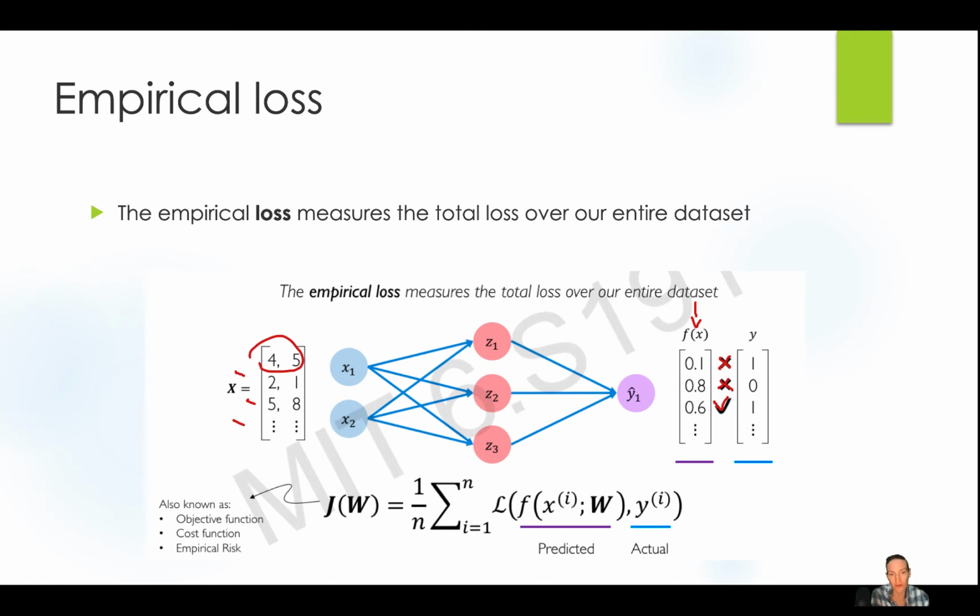So basically, what we do when we calculate the total loss, J of W, so J given the weights of this network, we take the loss between the predicted and actual value and we average it over the data set. The data set here consists of n entries. Okay. So this J of W is known as the objective function, cost function, etc.